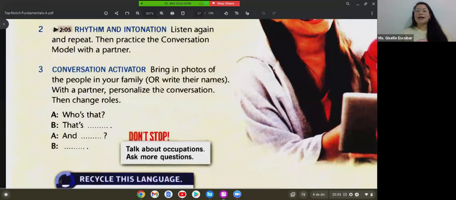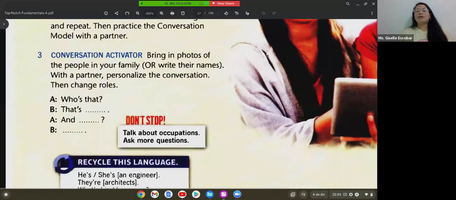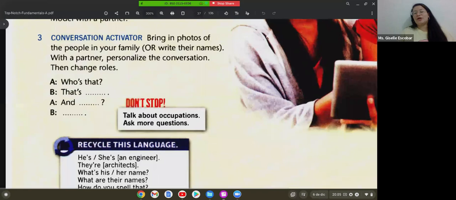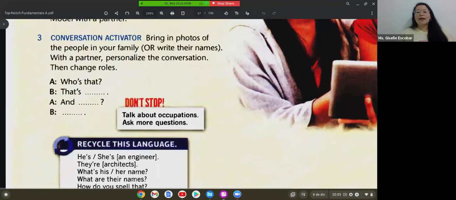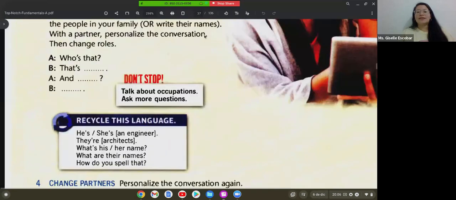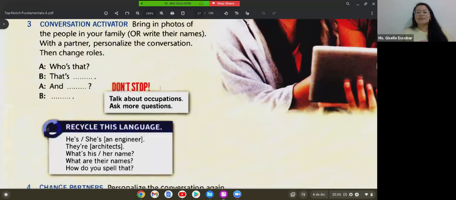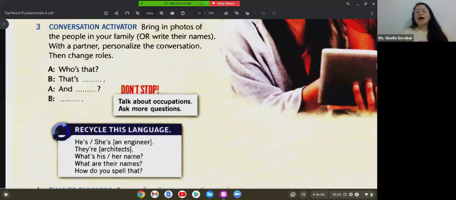Vamos a mencionar nombres de nuestras familias. Y como pueden ver acá en recycle this language, what is this? What is that? Engineer. Architects. They are what? ¿Qué son esas? Ingeniero y arquitecto.